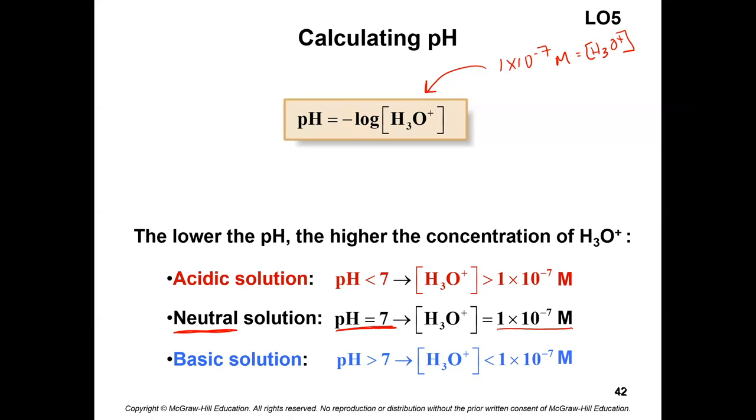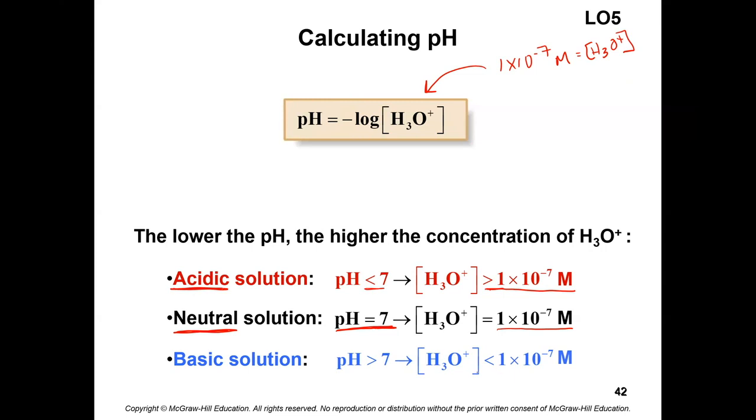Okay? Now, if we plug in a concentration that is greater than 1 times 10 to the negative 7, meaning we have more hydronium ions in our solution, that is going to produce a pH value that is less than 7. And when it is less than 7, we call this acidic. It's acidic because we have an excess of hydronium ions. Now, the basic is the opposite.